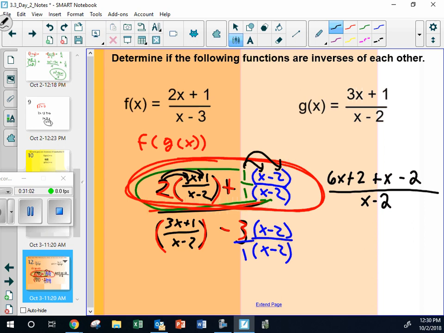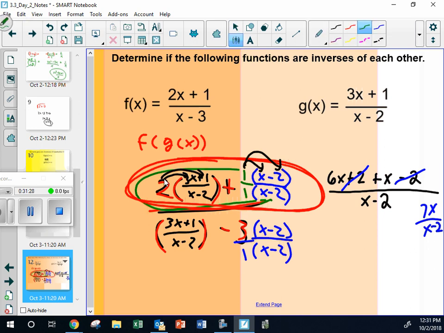And look at that. It simplifies down a little bit. 6x plus x makes 7x. These cancel. And I get 7x over x minus 2. I know that's not x yet, but it's okay because the denominator will look a lot like this. And once you flip and multiply them, it's all going to work out.